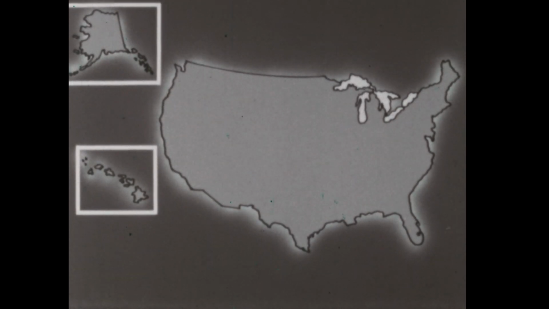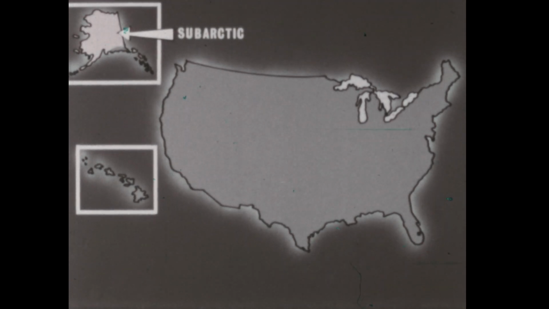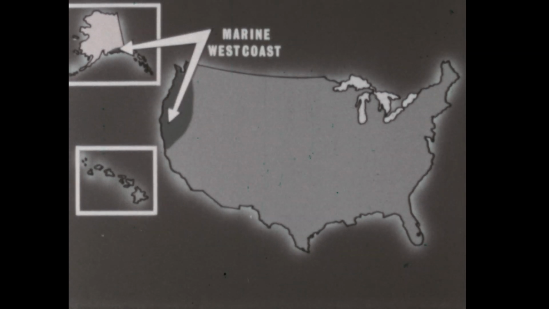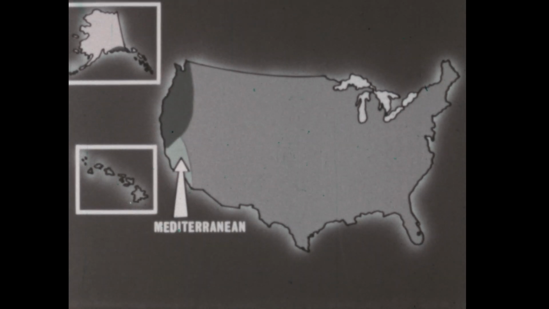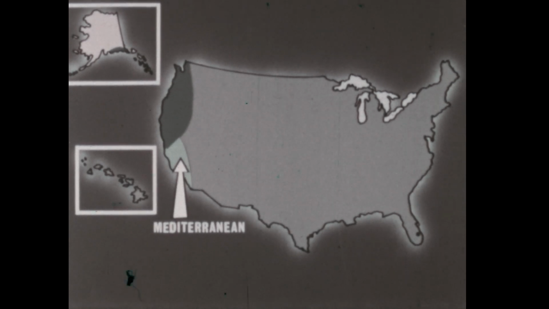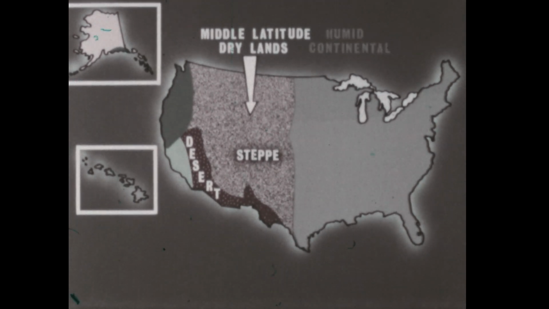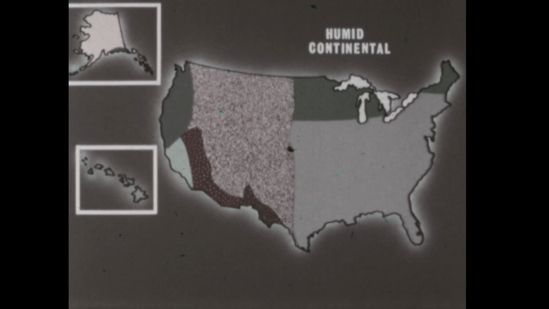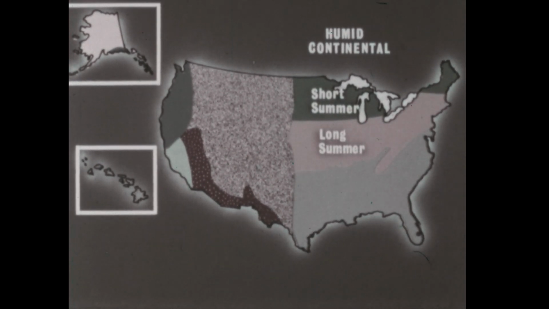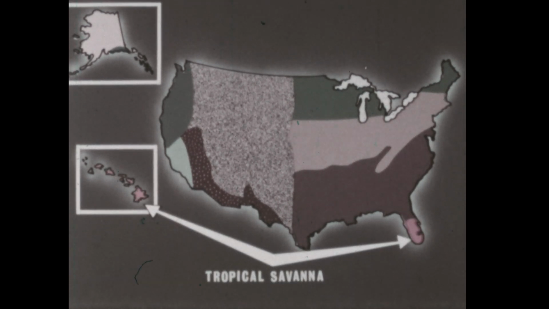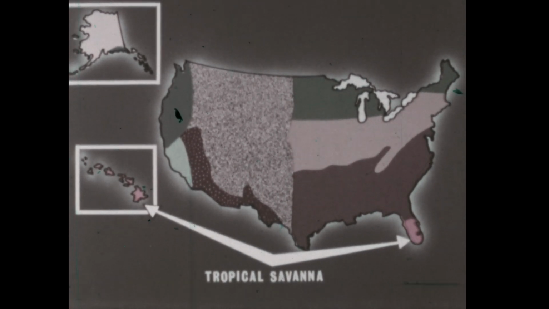The climatic regions of the United States are generally designated as follows: the subarctic climate of the interior and northern portions of Alaska, the marine west coast and Mediterranean climates along the west coast, the middle latitude dry lands consisting of desert and steppe climates, the humid continental climate with its two variations of short summer and long summer, the humid subtropical climate, and the tropical savanna climate of southern Florida and Hawaii.